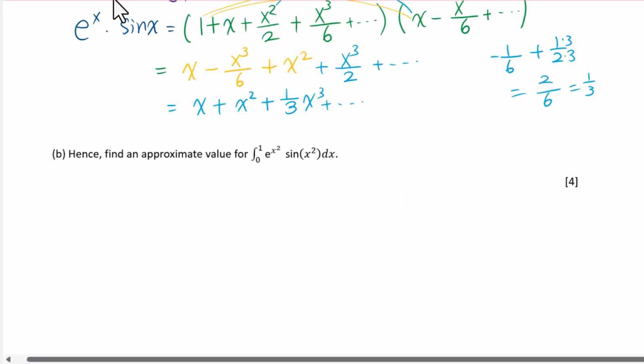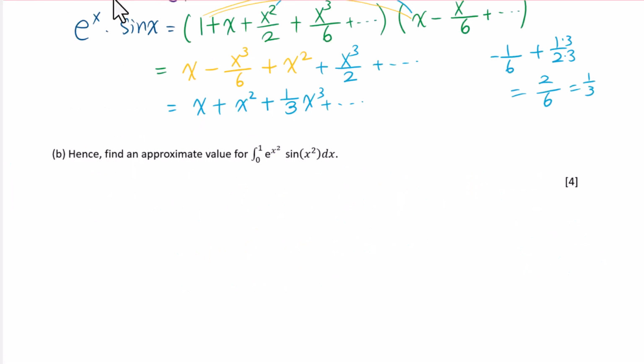For B, hence, find an approximate value for the integral from 0 to 1 of e to the power of x squared times sine x squared dx. We already got e to the x power times sine x equals this.